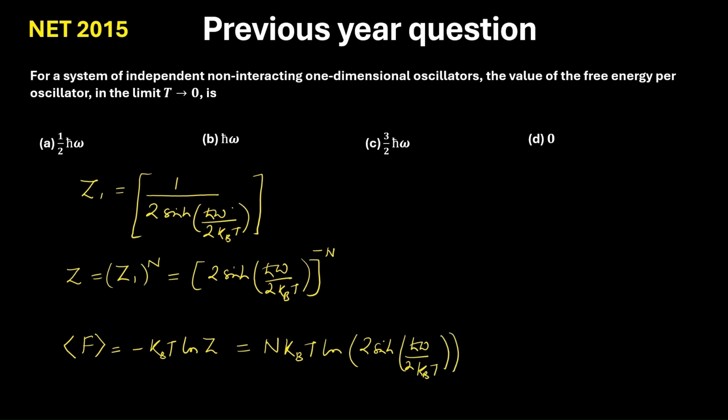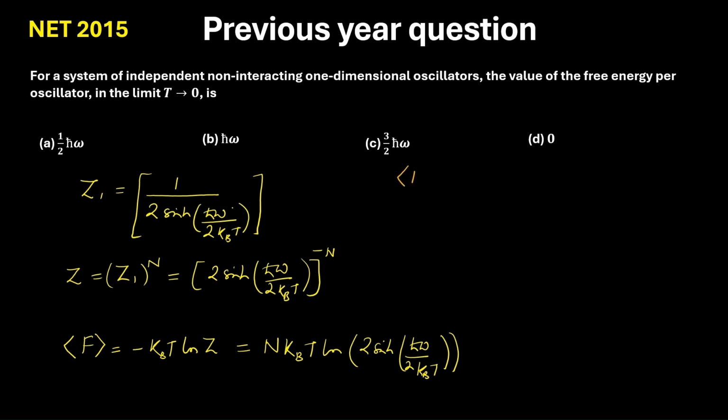Now we have to find the free energy per oscillator in the low temperature limit. So it is better to work in the exponential term. So we can convert the sinh to exponential terms.